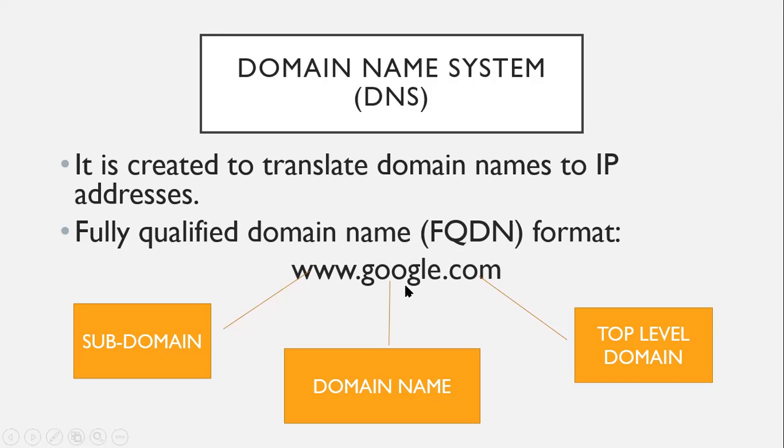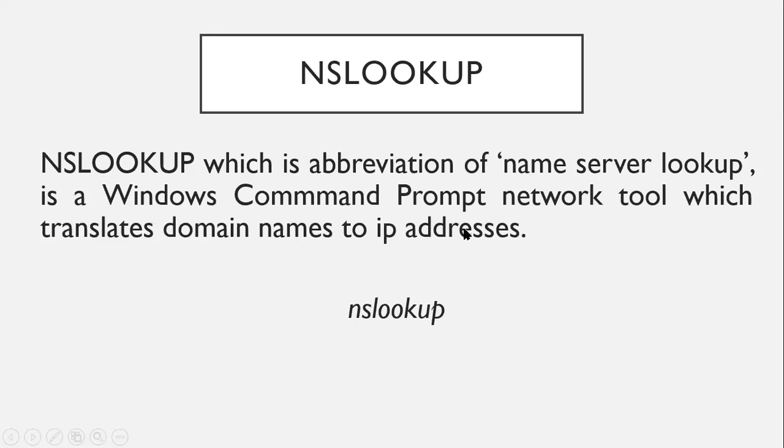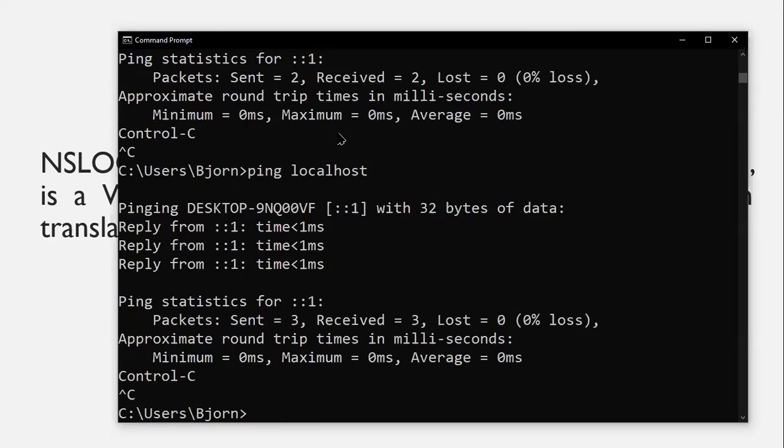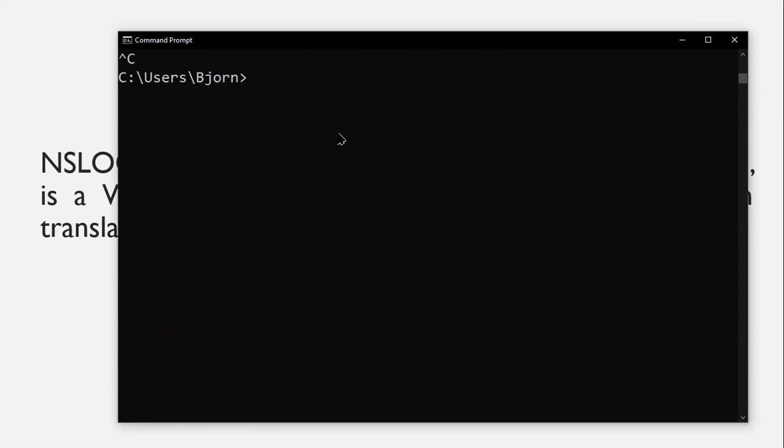Now, one way to check the IP address translation of a certain domain name is through the use of NSLOOKUP. It is a Windows command prompt network tool. So let us open a command prompt and type NSLOOKUP, which is short for name server lookup.